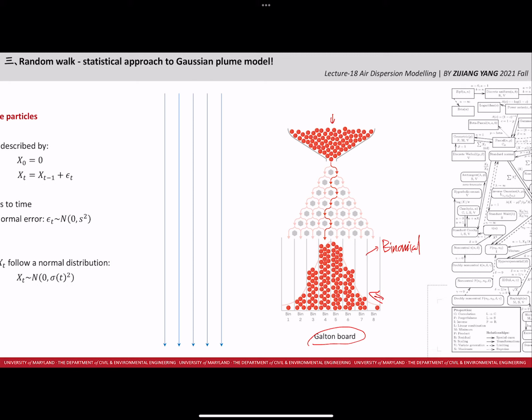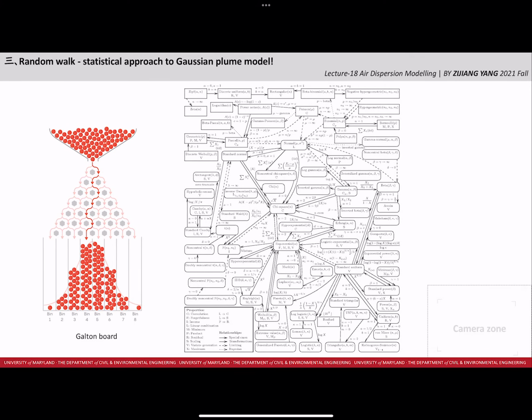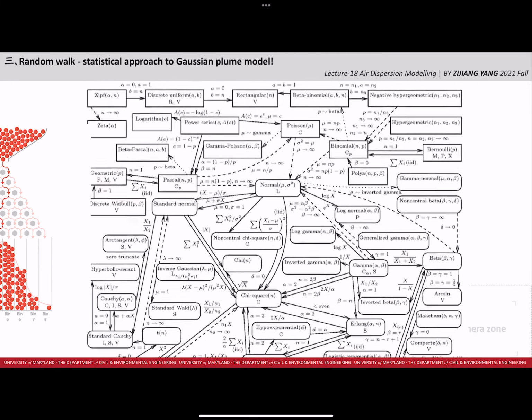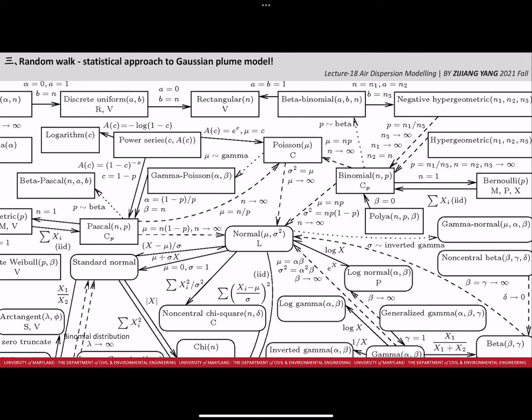So this is a binomial distribution. And again, we have the table, like the map of distributions. If we look at it clearly, we can see that for a binomial distribution, when the sample size or the number of particles becomes infinitely large, the binomial distribution will approach a normal distribution.